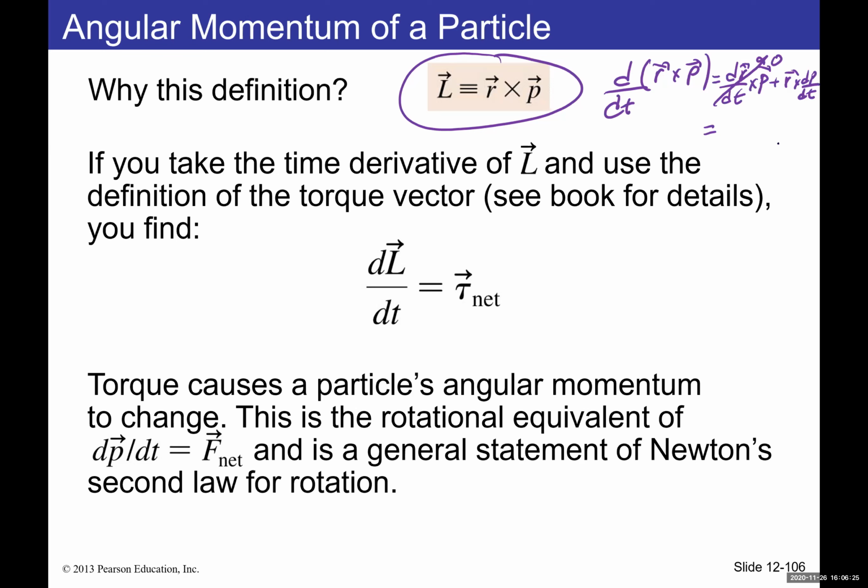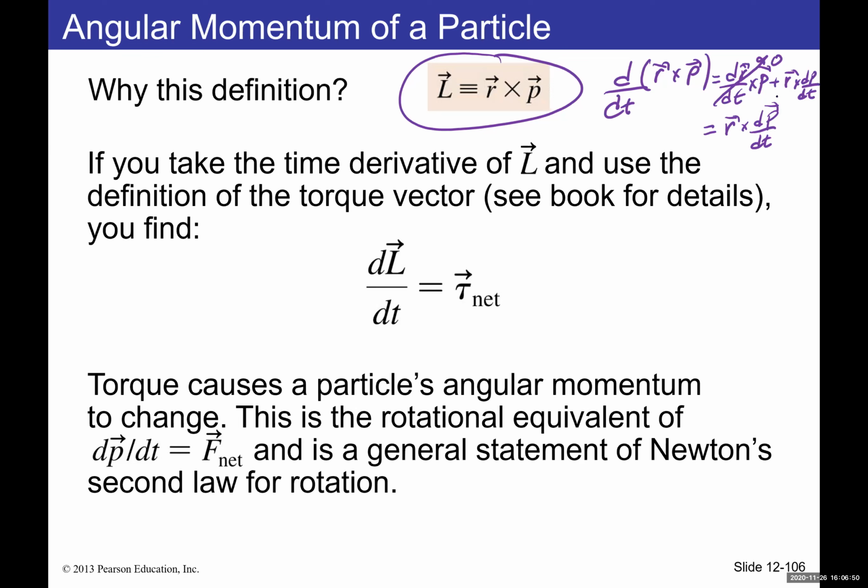Remember, the reason it goes to zero is that the derivative of position with respect to time is velocity, and the momentum is mass times velocity. So you're doing a cross product of the velocity and velocity, and you're going to get zero. The second term becomes r cross dp/dt, and dp/dt was nothing but the net force.